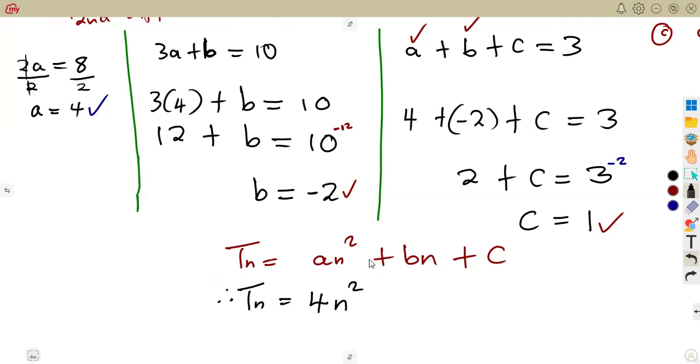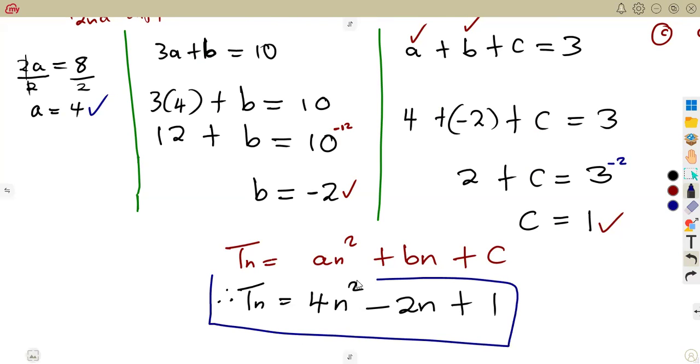N represents the number of terms. A, B, C are the constants to be substituted. So our B is a negative 2, so we're going to have negative 2n plus C, which is plus 1. This is a presentation of our Tn of the quadratic.